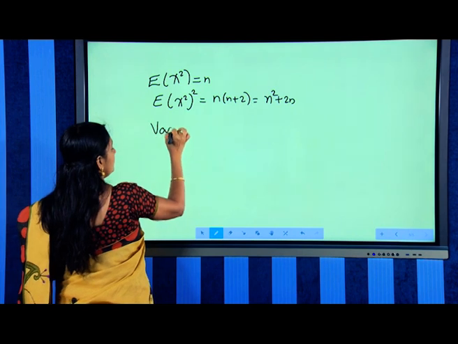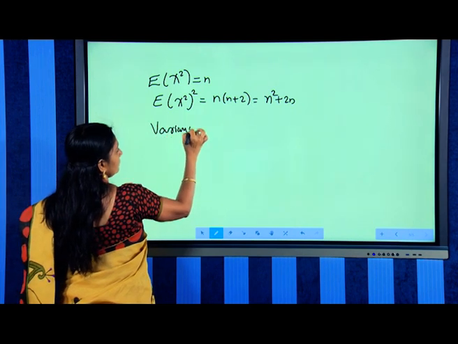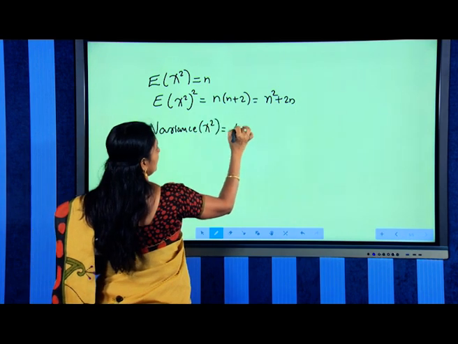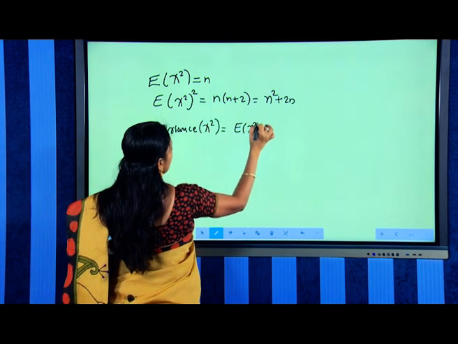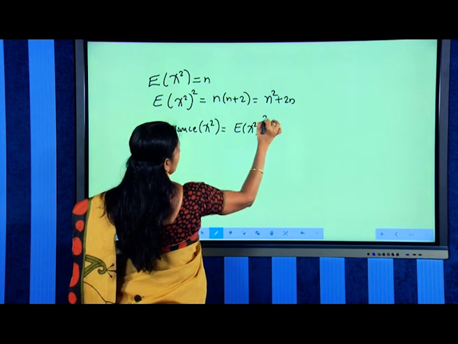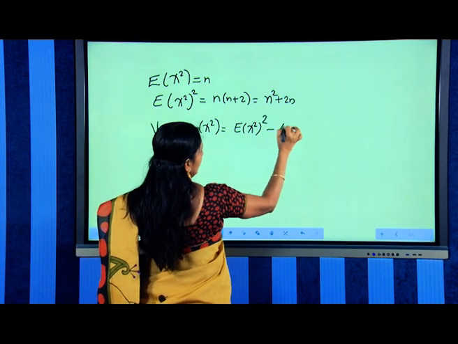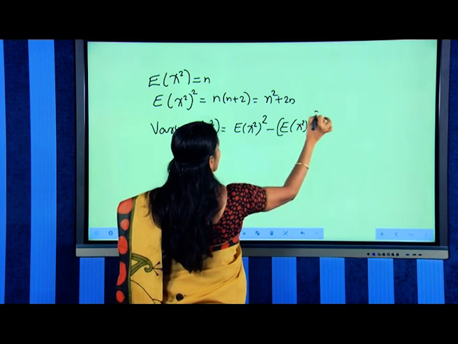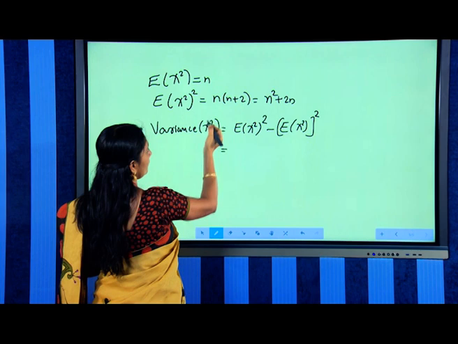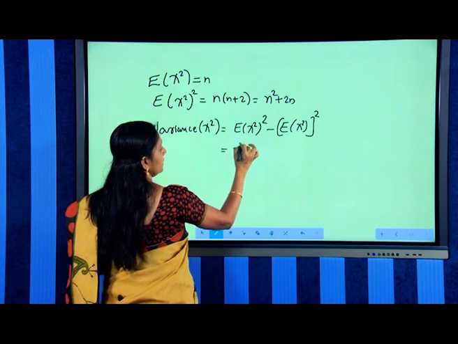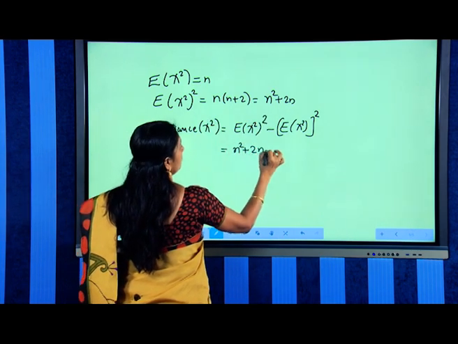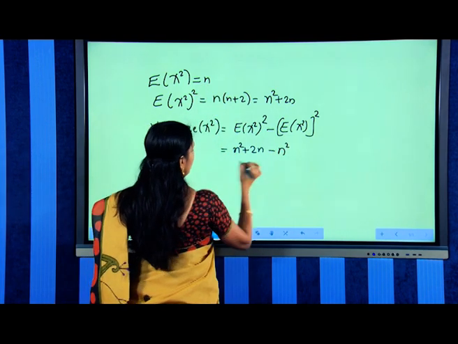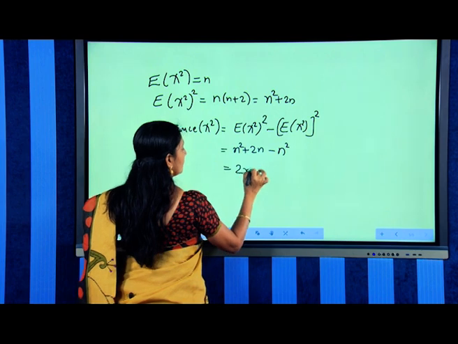Variance of chi square is expectation of chi square square minus expectation of chi square the whole square, that is equal to n square plus 2n minus n square, which is equal to 2n.